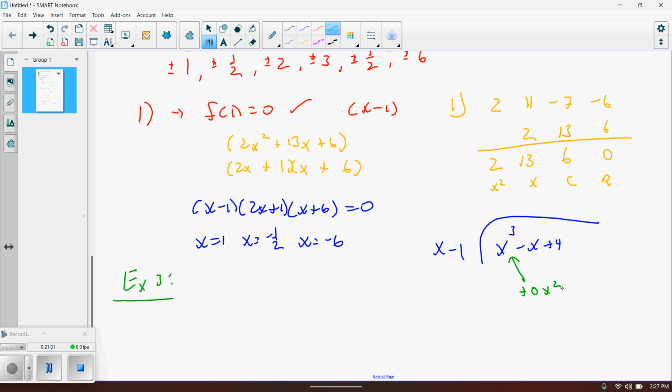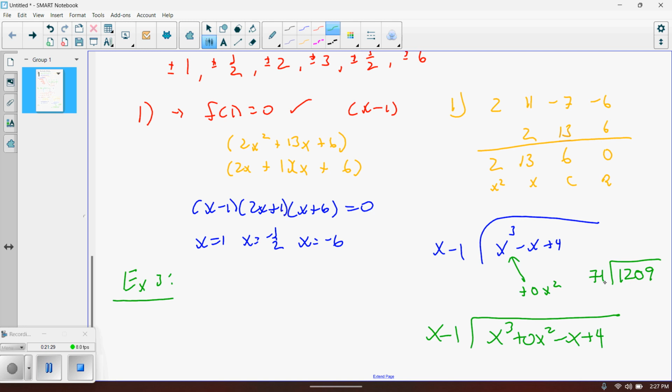So it would come out to be x minus 1, and then here it would be x cubed plus 0x squared minus x plus 4. You have to have a placeholder for everything. The way I like to say this is, say I wanted to divide 1209 by 71. I'm not doing the process, but you can't leave out that 0.